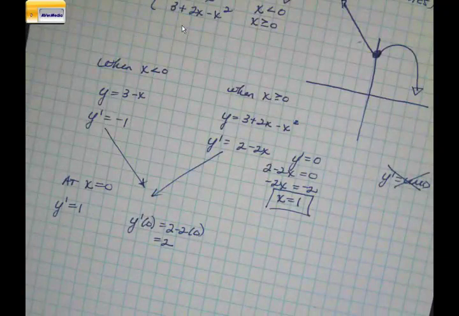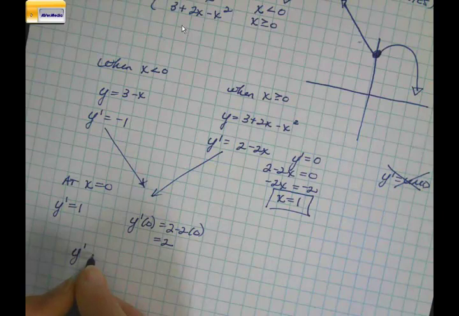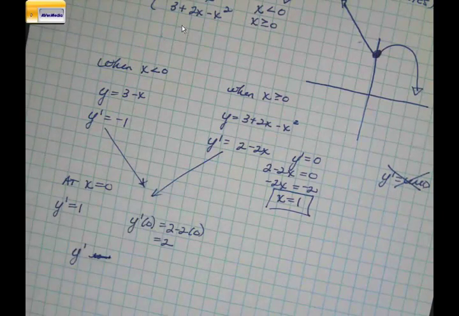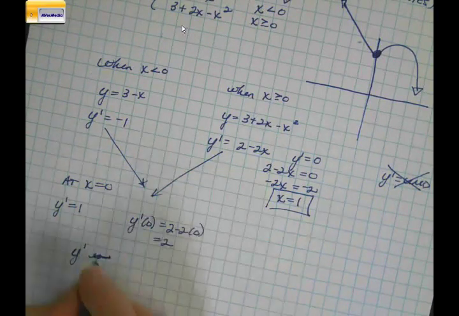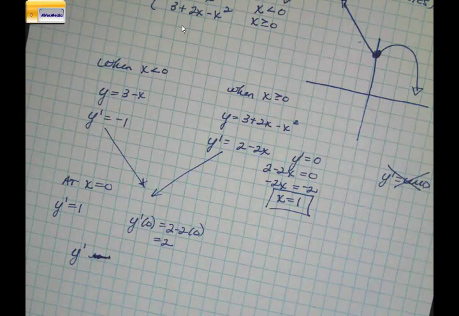Your first derivatives are not equal at 0, which means at 0, y prime does not exist. The function is not differentiable at 0 because your first derivatives are not the same at 0.